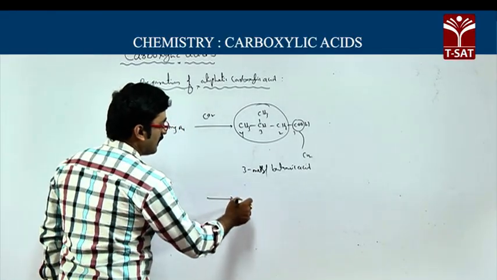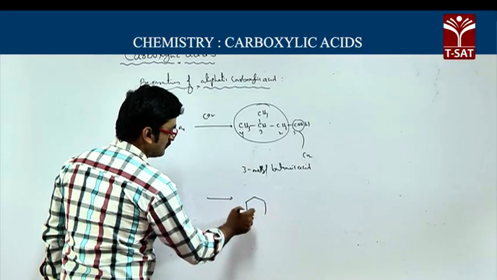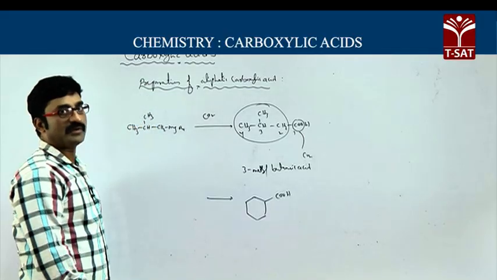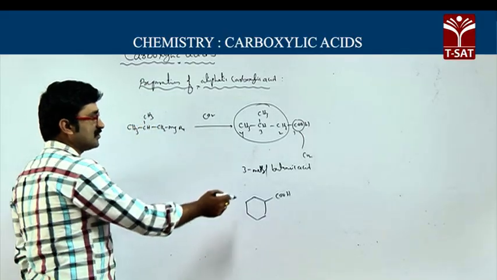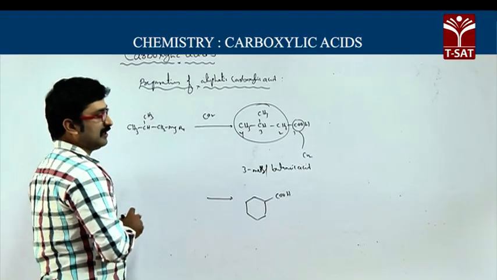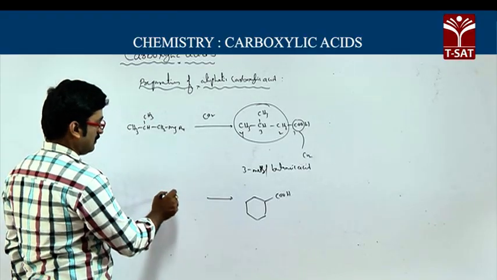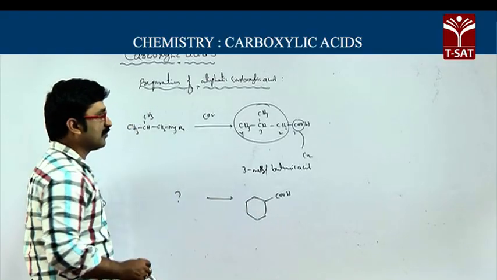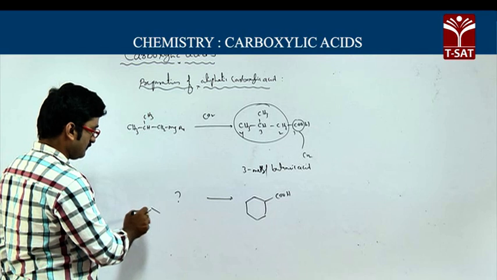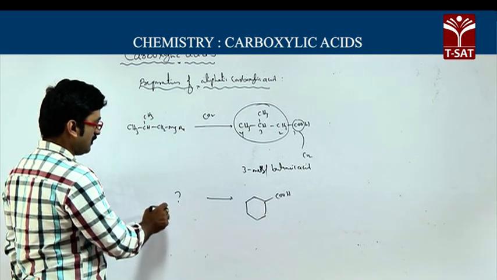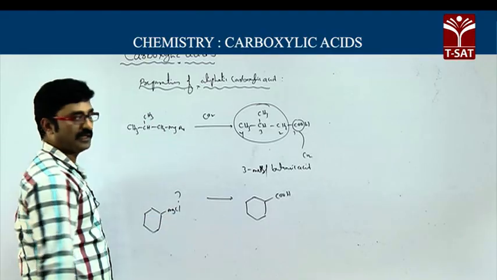Say you want to prepare this compound from Grignard reagent. Which Grignard reagent should be taken? The Grignard reagent used in the preparation of this carboxylic acid is cyclohexane, and here you have to write MgCl.